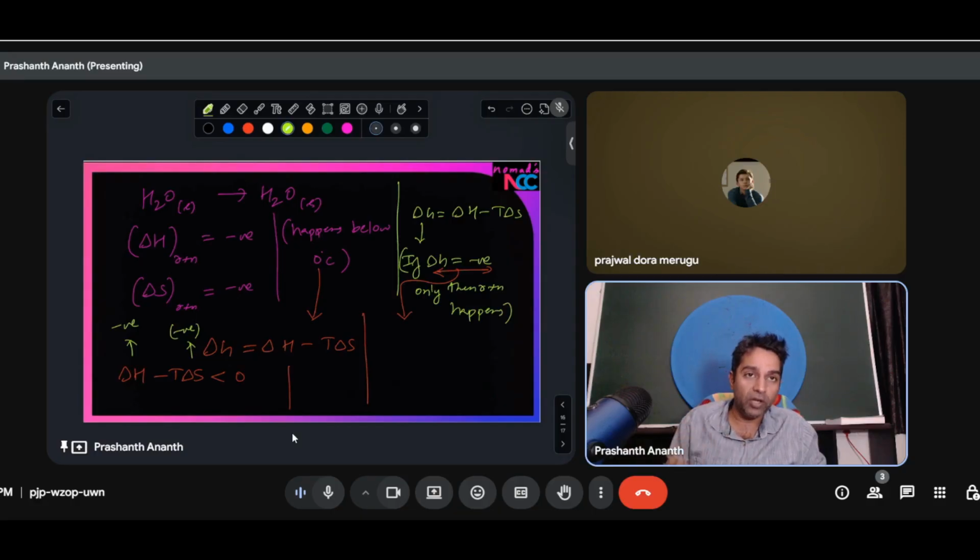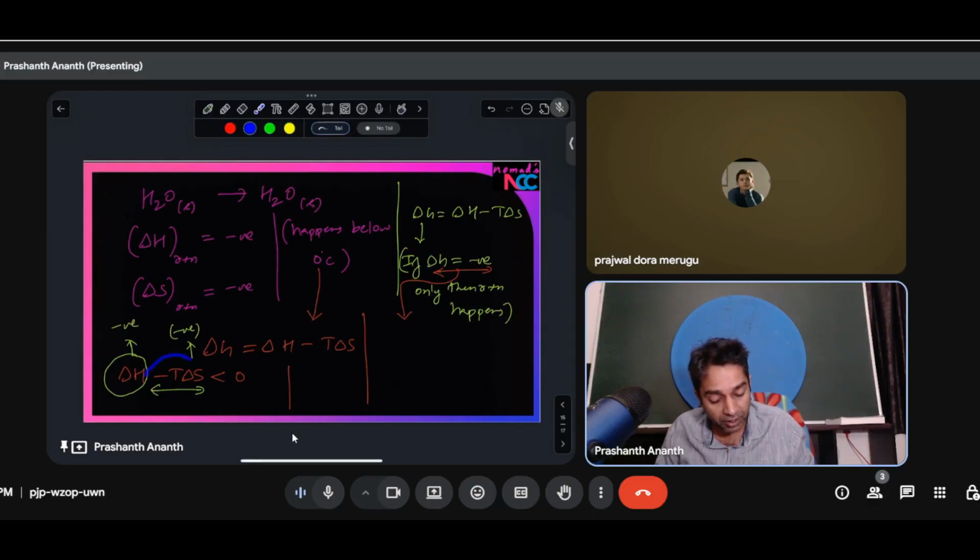If I am applying modulus in this particular case, and I need the net to be less than 0, I want the delta H which is negative to beat this minus T delta S, because the minus T delta S part ends up becoming positive. So this is a negative sign here, another negative, it becomes a positive.